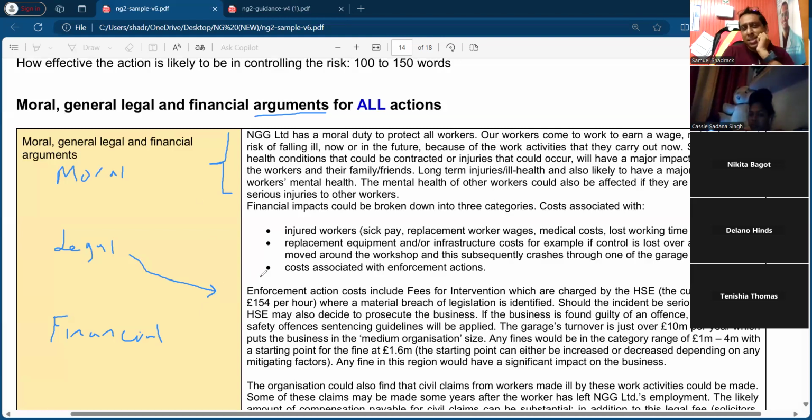To say you're doing a detailed analysis of the legal requirements of your company, it's really not that. You're just saying the employers have a legal duty under the HSW Act, Section 22A, to provide safe access, safe plant, safe systems of work. So in a way it's surface level, but you're still mentioning your company. I don't think it's a detailed argument because it's a paragraph long.